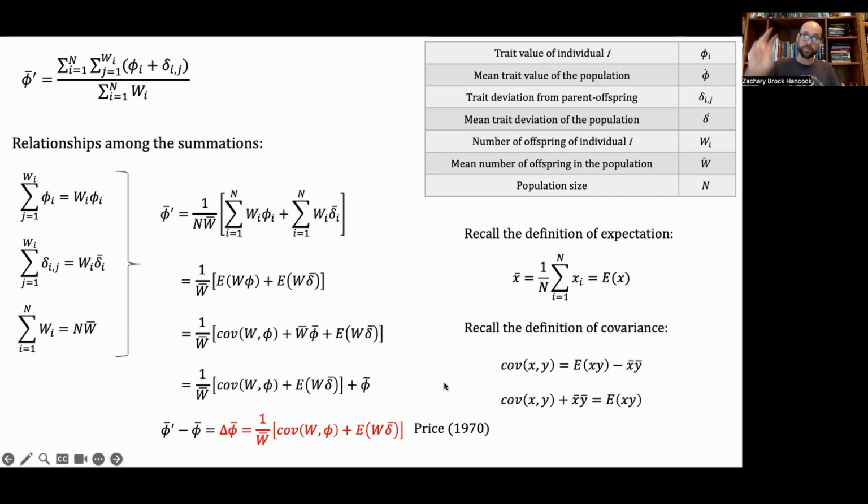Now all we have to do is move that mean trait value to the other side, and what we get is the mean trait value in some future generation, which is the prime, subtracted by the mean trait value in the ancestor generation, traditionally written as delta phi bar. So that is the change in the mean trait value between ancestors and descendants is equal to 1 over w bar multiplied by the covariance between fitness and the trait plus the expectation of the product of fitness and the trait deviation. And this, ladies and gentlemen, is the Price equation.